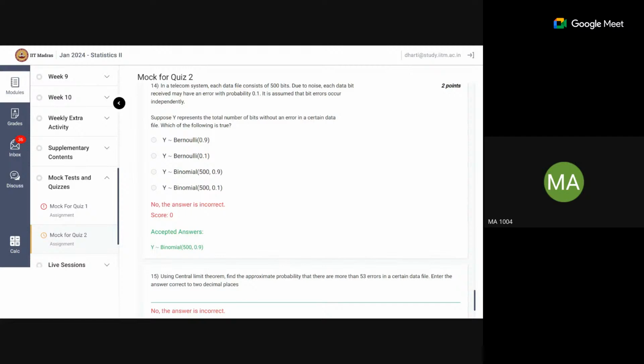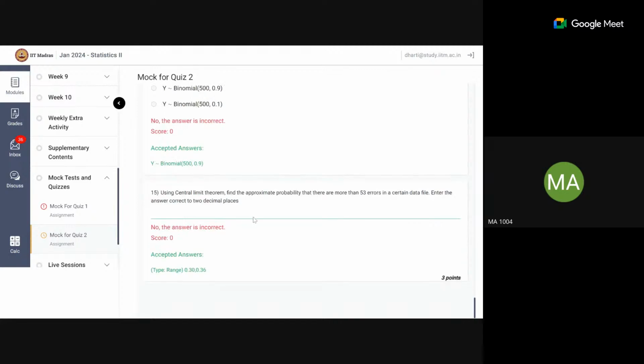It's denoting the total number of bits. If we toss once, that is Bernoulli, but if we toss 500 times, that becomes binomial. Yes, exactly. So it represents the total number of bits without an error. To calculate that, it will take any number of values from 0 to 500, right? Okay, ma'am.